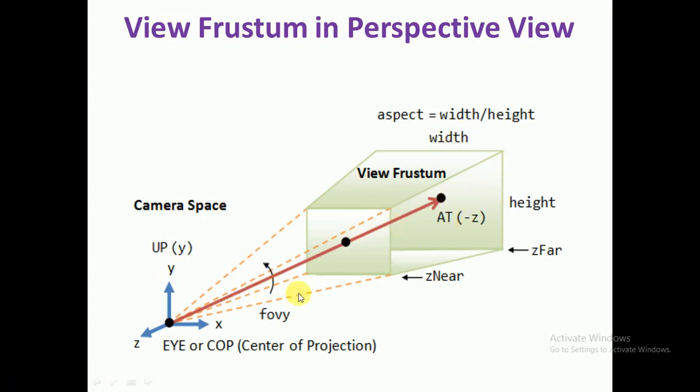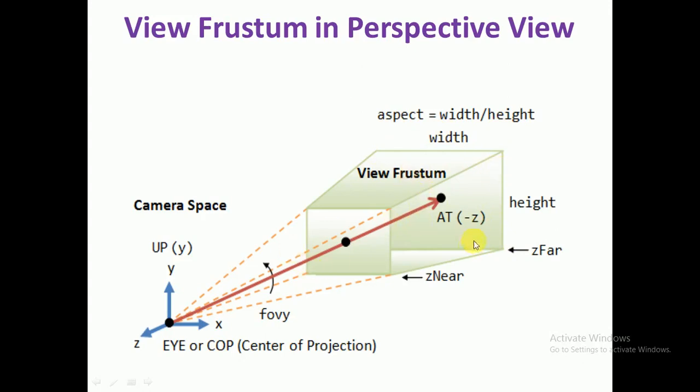Then, to set this concept in our OpenGL, we must know the aspect ratio, that is width by height. You must know the width and the height. Means you have to decide how much portion you want to cover in the height and how much in the width, right?